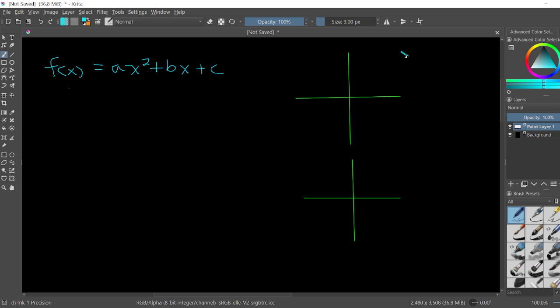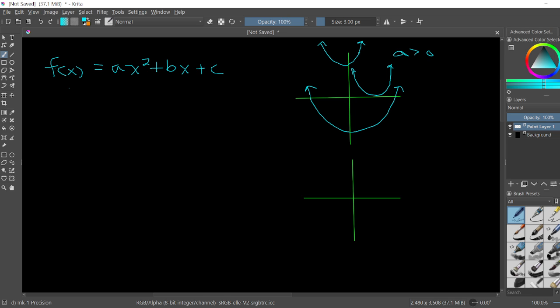If a is greater than 0, they have three forms, but they all are parabolas that arc upwards. Right? And they all look sort of like this. Now, why we like these functions is they have vertexes. They have some minimal value.